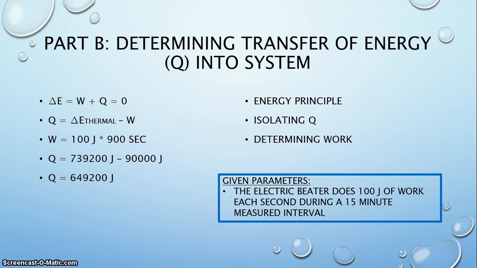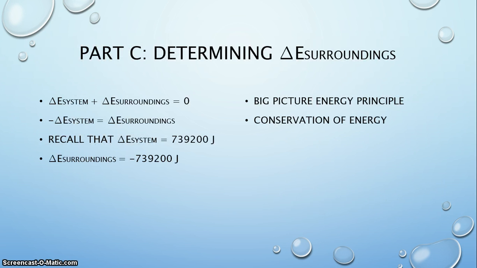Work is equal to 100 joules times the 900 second time interval over which the beater is doing work on the system. By subtracting this from the thermal energy we found on the previous slide, we find that Q, the transfer of energy into the system, is 649,200 joules.